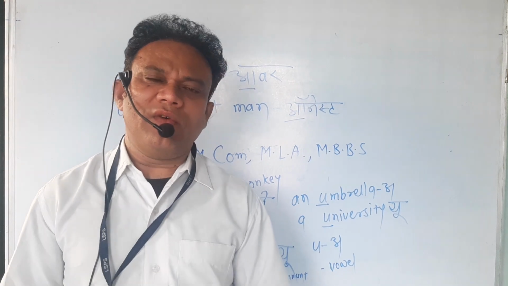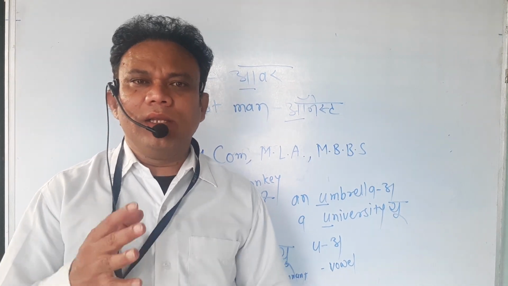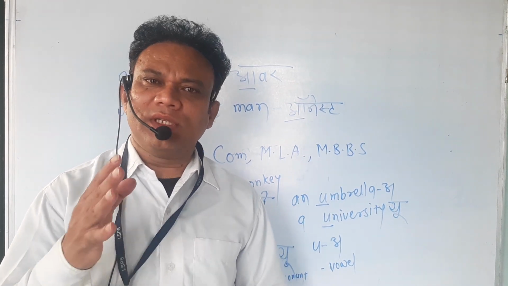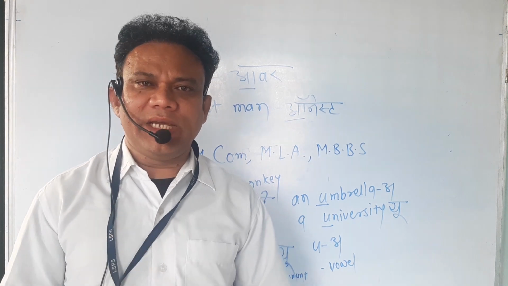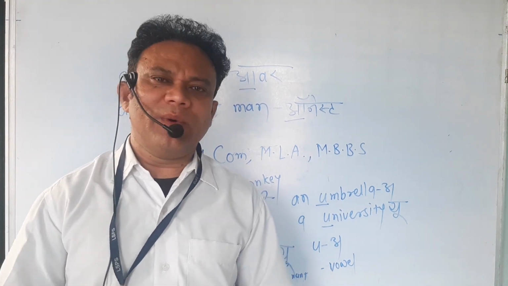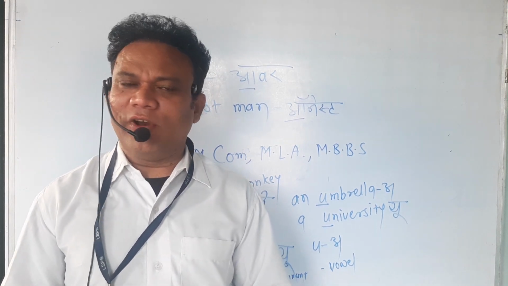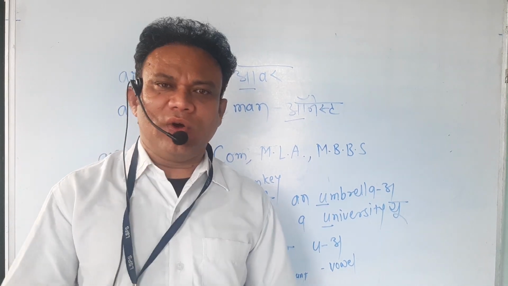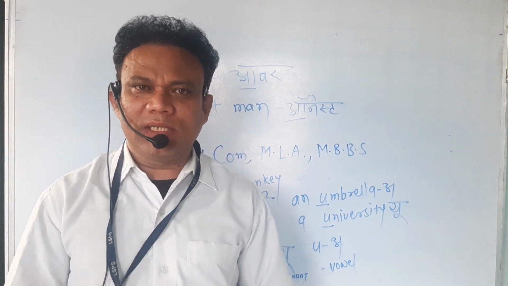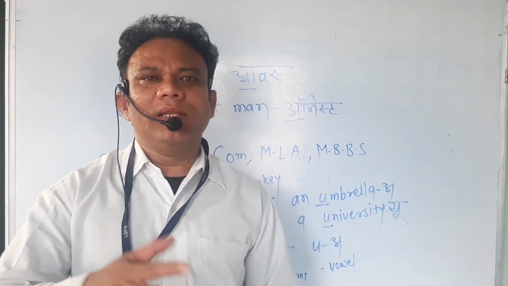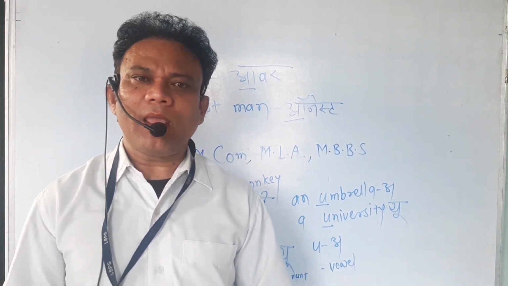Then one more rule of article the is that the is used before the third forms of adjective. Whenever we use the third form of the adjective, we have to use the article the before them. For example, the strongest, the best, the most important, the most handsome.